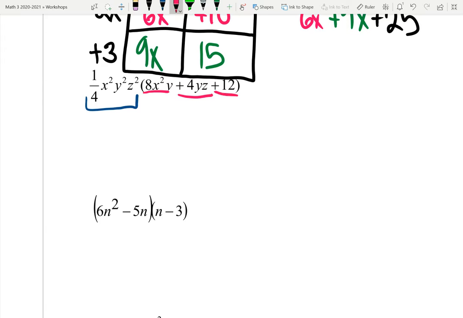These are all words in a math sentence. So really, all I'm doing is multiplying one complicated thing, and I'm going to distribute it to each part.